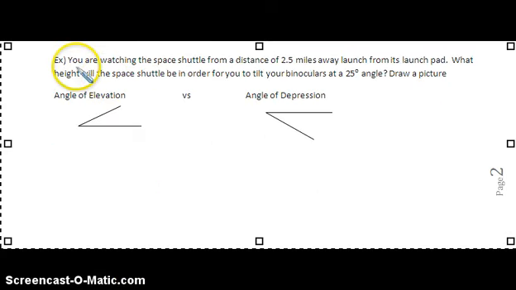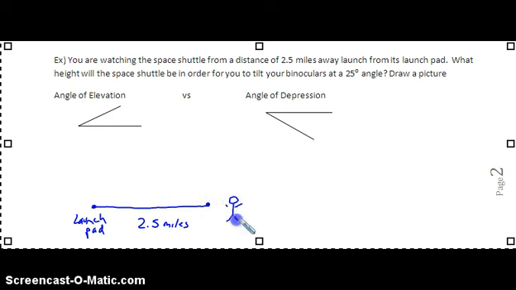Okay, the next question here says that you're watching a space shuttle from a distance of 2.5 miles away from its launch pad. So let's say that here is my space shuttle launch pad. Put a dot here, and we'll write launch pad. And I'm 2.5 miles away from it, so I'm standing over here.